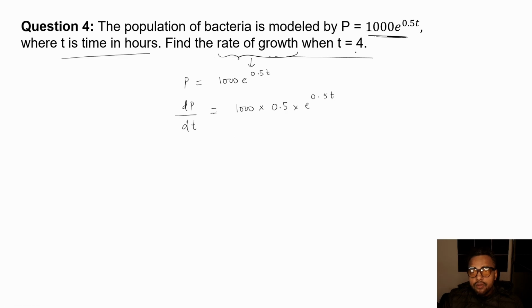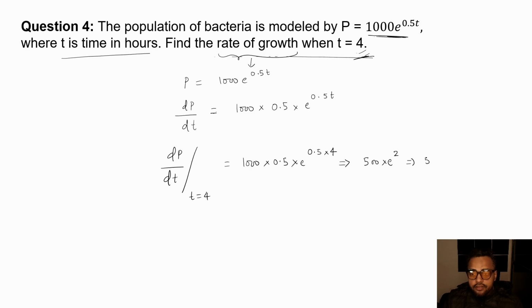Now they have told us when t equals 4, it means dp by dt at t equals 4, so we need to plug in the value t equals 4. It will be 1000 times 0.5 times e raised to the power 0.5 into 4, which equals 500 times e raised to the power 2.